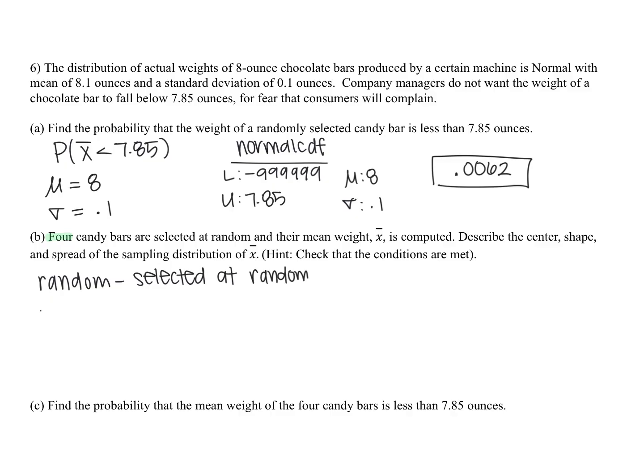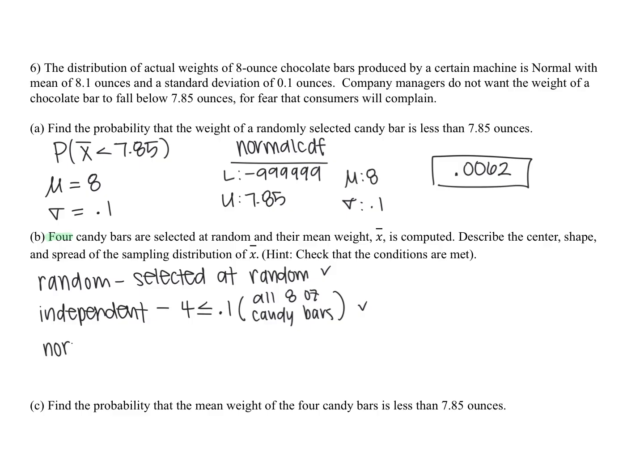For independent, our sample size 4 has to be less than or equal to 10% of our population, which would be all 8-ounce candy bars. And again, I don't need to know how many there are, but I can almost guarantee that there's at least 40. So we should be good there.